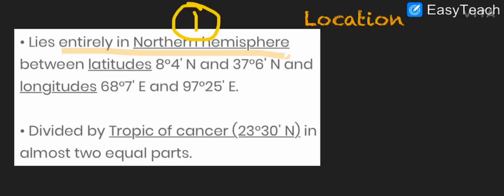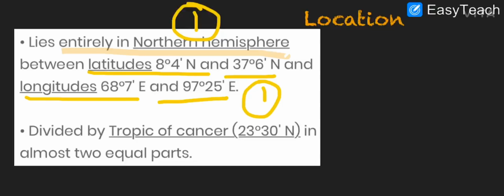It lies between latitudes 8 degree 4 minutes north and 37 degree 6 minutes north and longitudes 68 degree 7 minutes east and 97 degree 25 minutes east. Extremely important. Which hemisphere? Northern hemisphere. Again, which longitudes and latitudes? You have to remember that. Again, 1 markers. Mark it down with me. Come on, pay attention, mark it down with me.